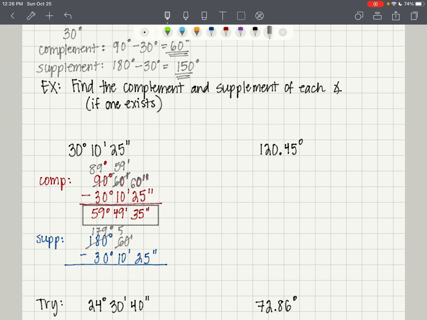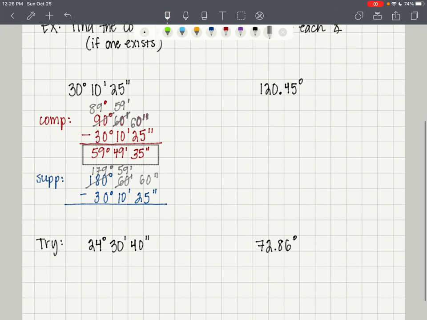We'll borrow a minute to give us 60 seconds. And we will again have 35 seconds, 49 minutes, but this time 149 degrees. And that is our supplement.